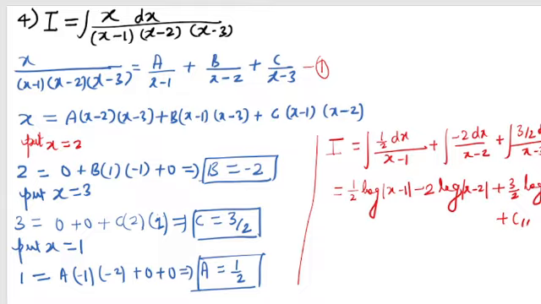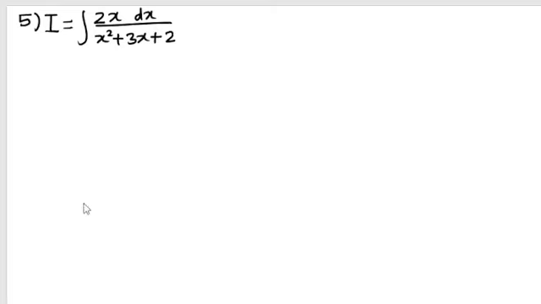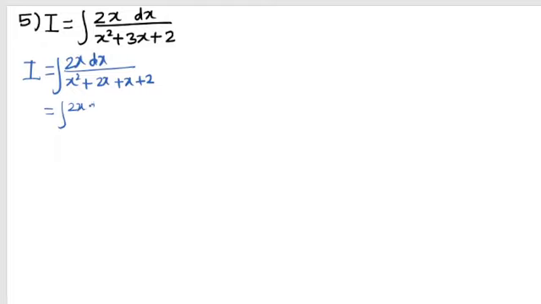Now we'll move to the next question, question number 5. Again here we are given a quadratic equation without factors, so first we need to factorize it. I can be written as the integration of 2x dx over x square plus 3x plus 2. 3x can be written as 2x plus x, so further this can be written as 2x dx.